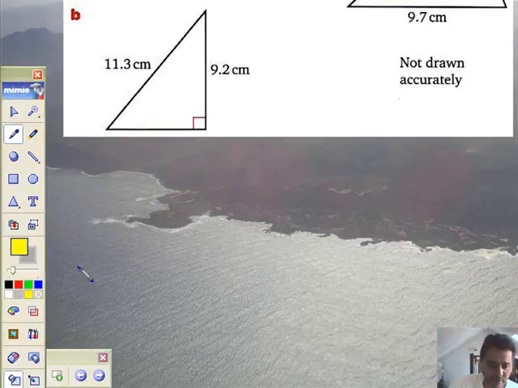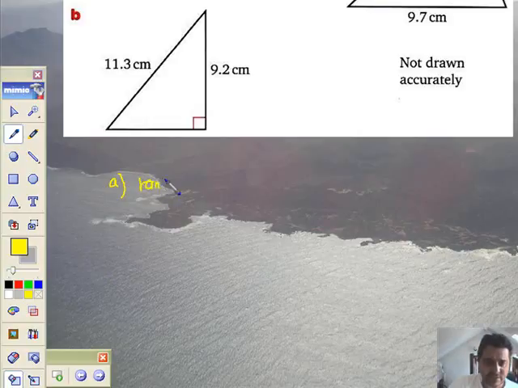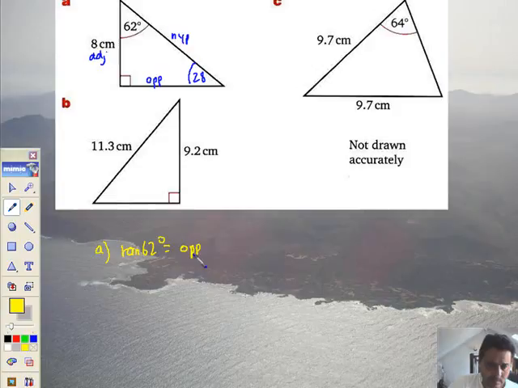So let's just do question A down here. So the tangent of 62 degrees is defined as the opp, I just call it opp, don't give it a letter x, no need, divided by the adjacent, which is 8. What I want is automatically on top, take the 8 over and multiply. So the opposite length is going to be 8 multiplied by the tangent of 62.